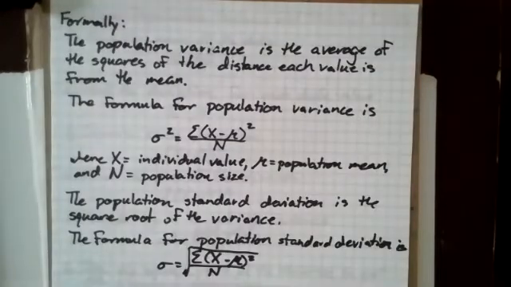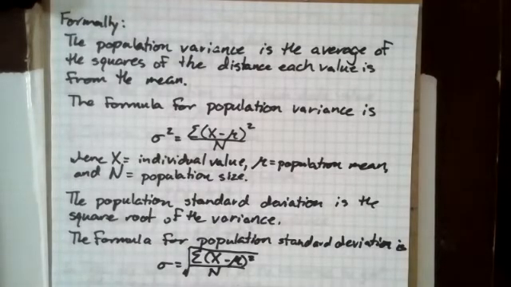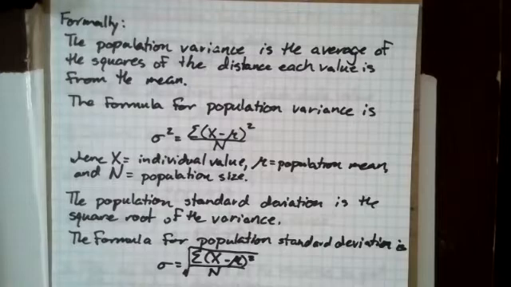So formally, the population variance is the average of the squares of the distance for each value, the distance each value is from the mean. The formula for population variance is sigma squared equals the sum of x minus mu quantity squared over n, where x is the individual value, mu is the population mean, and n is the population size.